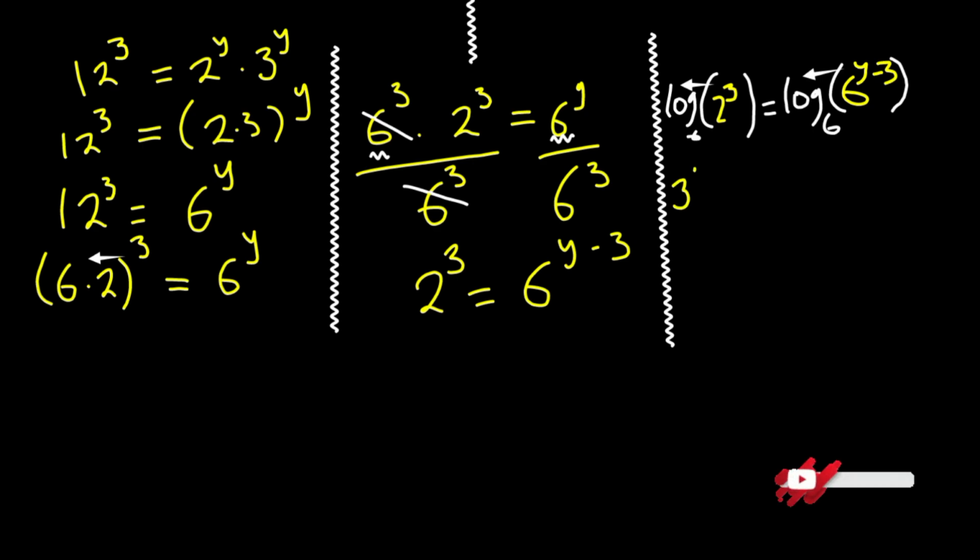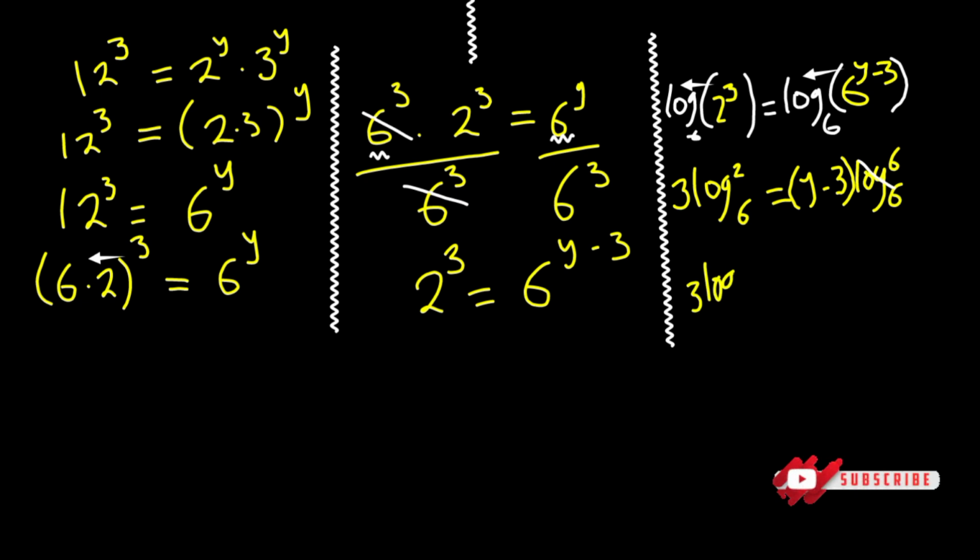So we have 3 log 2 base 6 equals y minus 3 log 6 base 6. Then we know log 6 base 6 gives us 1. Therefore, we're going to have 3 log 2 base 6 equals y minus 3.